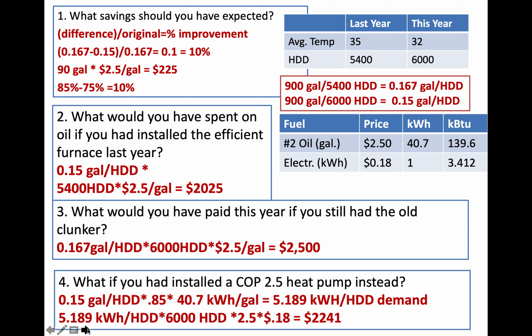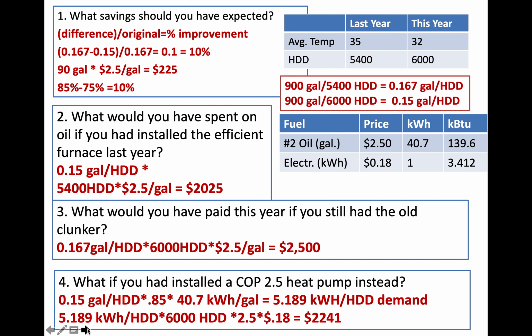And now we have it in kilowatt hours per heating degree day, right? So we've got the efficiency, which has no units. We have our energy use per heating degree day in gallons, but we're canceling that out with kilowatt hours per gallon.